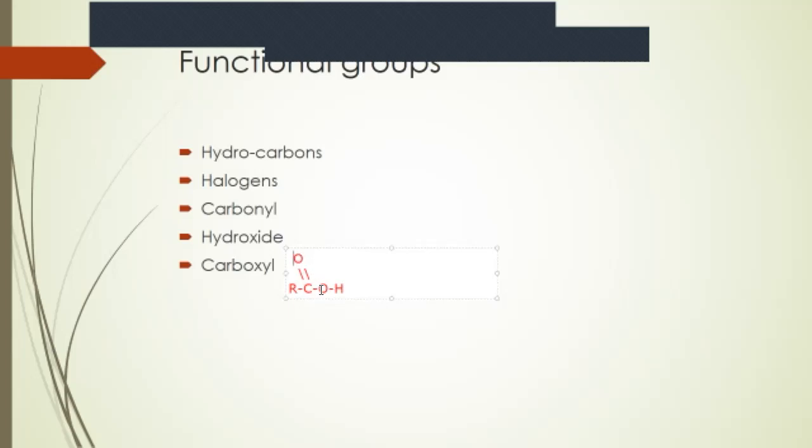So this is CO and then OH. That's your carboxyl. R can be C, whatnot, whatnot. It doesn't matter. It can be whatever can be there. But for you, it's going to be C, or H. It can be H. Yes, it can be H. Then this is your methanoic acid, COOH with another H.